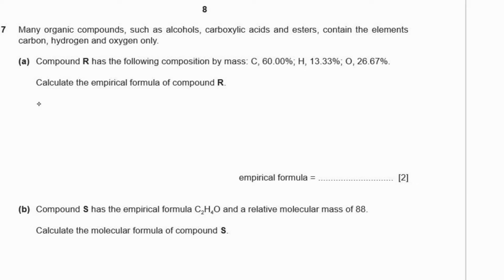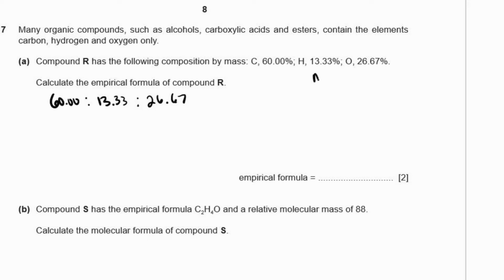So first of all, we have a ratio here of 60.00 to 13.33 to 26.67. However, you're not working with the same things. You need to work with the number of actual moles. That's just by mass. You need to do it by moles.